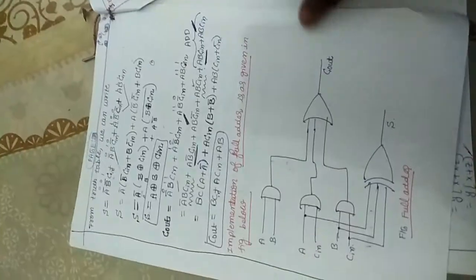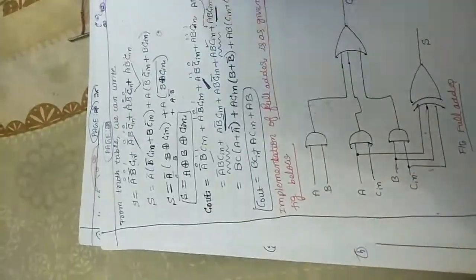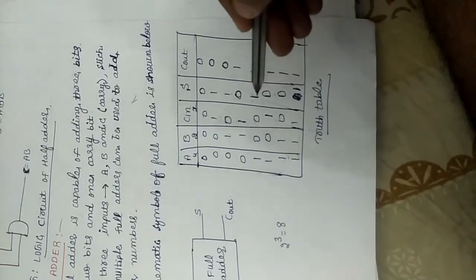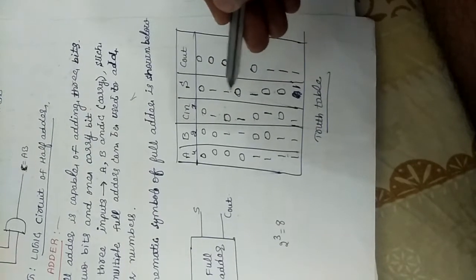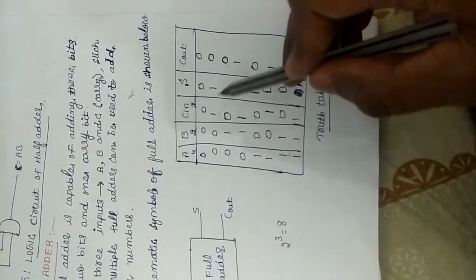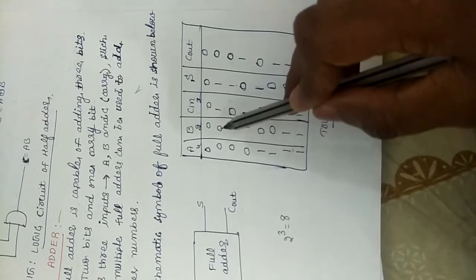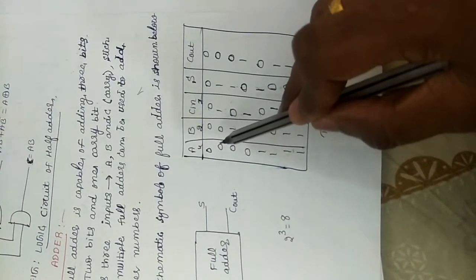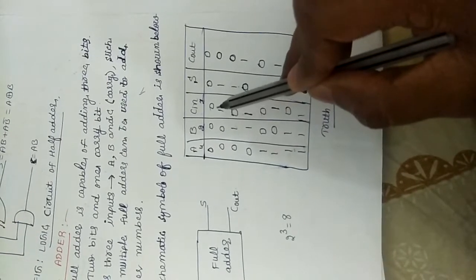So now you have to write down the expression. In the sum column you have to look wherever you have ones. So for that you have to write the expression. For the second combination you have sum equal to 1, therefore 0 means bar, 1 means as it is.